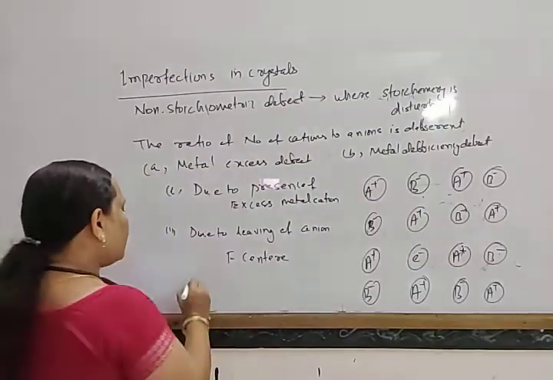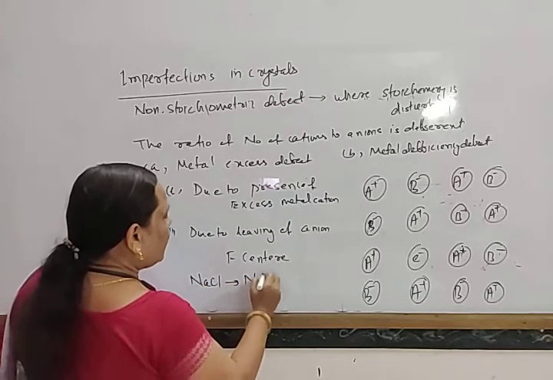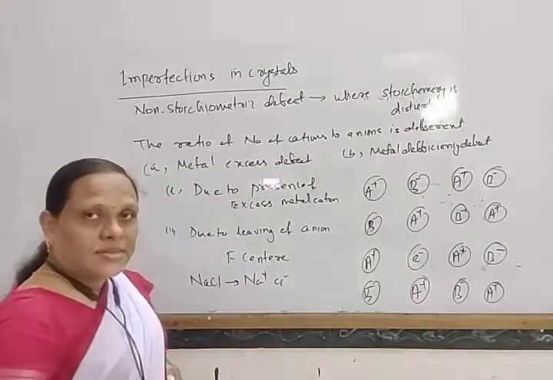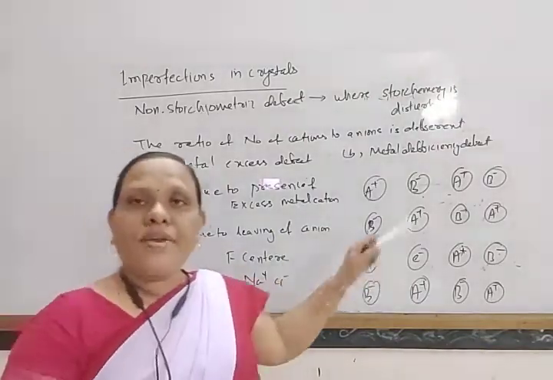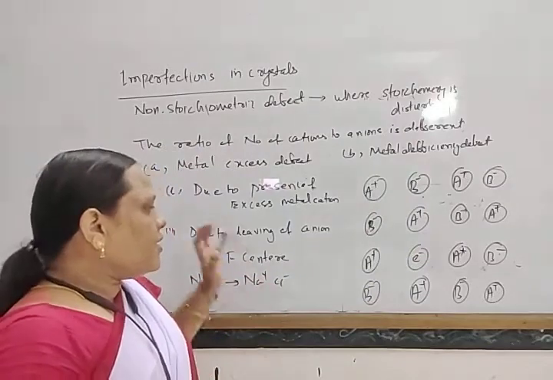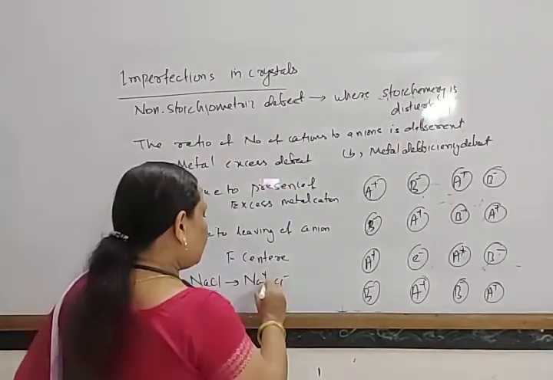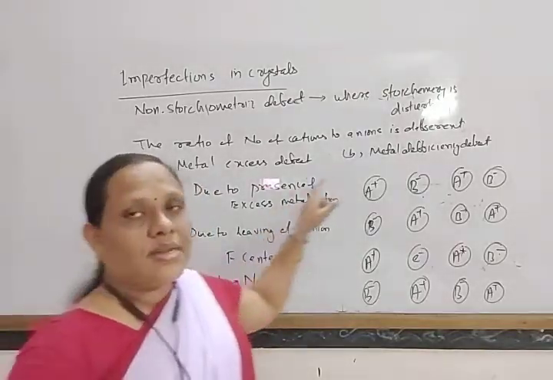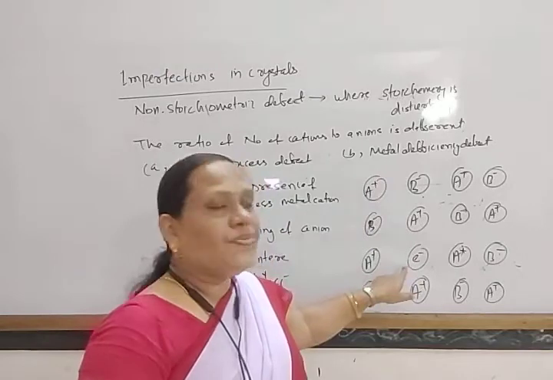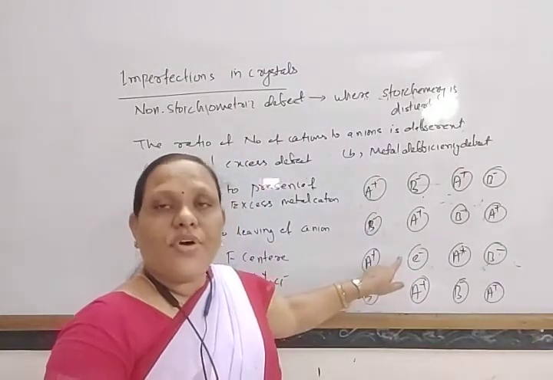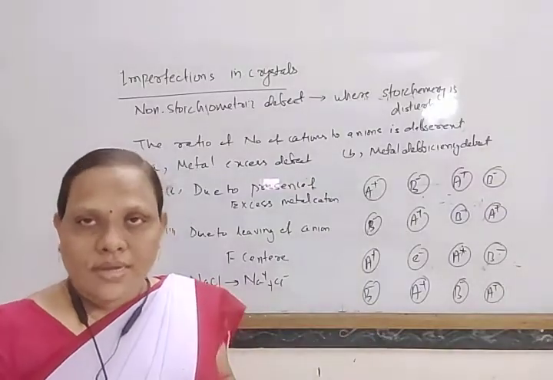For example, when sodium chloride is heated, it gives Na plus and Cl minus, and due to excess heat some chloride ions leave their position and electrons take their place. The sodium ions remain on the surface, and some electrons are trapped by this crystal, for which sodium chloride is yellow in color.